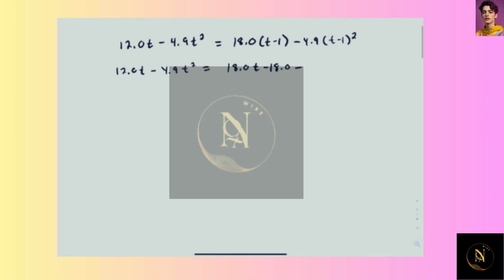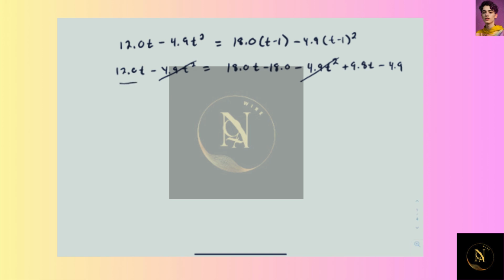So we have minus 4.9 t squared, and then minus 2t times minus 4.9 is positive 9.8t, and plus 1 times minus 4.9 is minus 4.9, and now the t squared terms on both sides cancel.